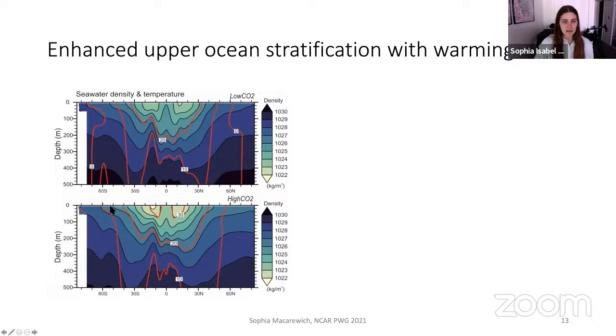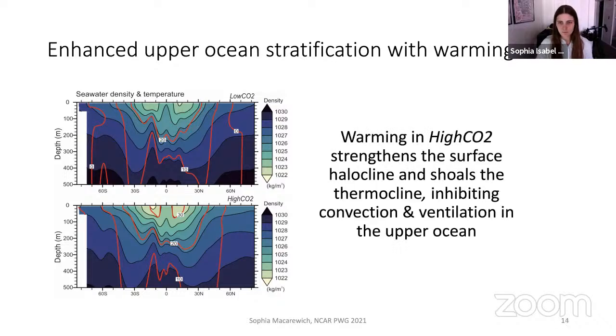We can see that in the high CO2 simulation, there is a poleward migration of those isopycnals, supporting increased upper ocean stratification. Both a strengthening of the surface halocline and a shoaling of the thermocline support this stratification and inhibit convection and likely inhibit ventilation in the upper ocean.